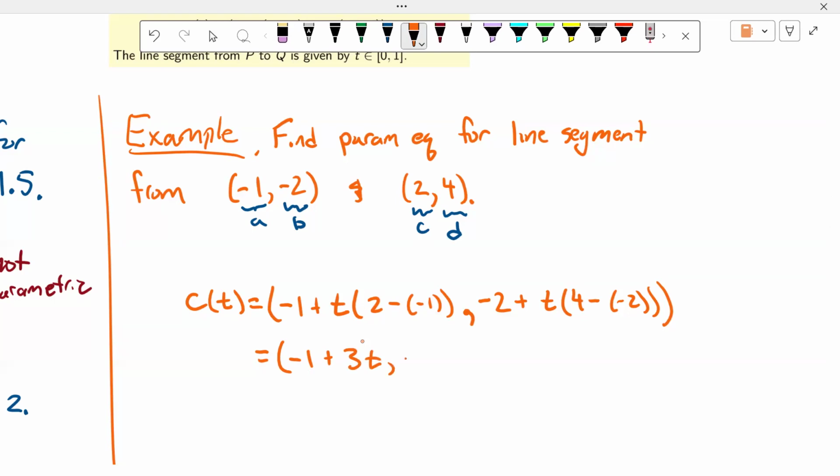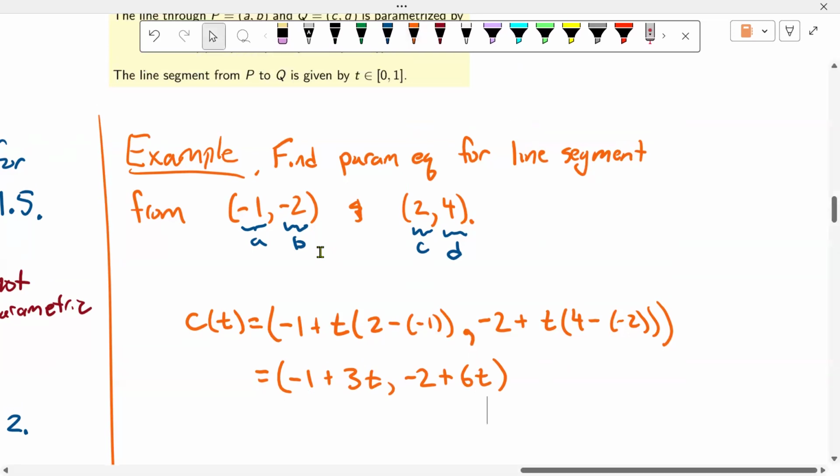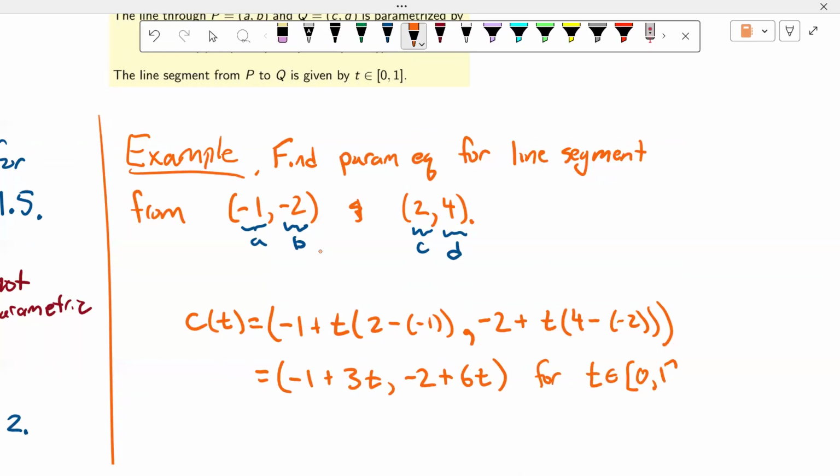And this will be -2 plus 6t. That's it. And we could check that this worked on Desmos. Oh, and I should mention this is only for t in the interval from 0 to 1. So if you go from 0 to 1, you'll start off at the point P and then finish at the point Q.